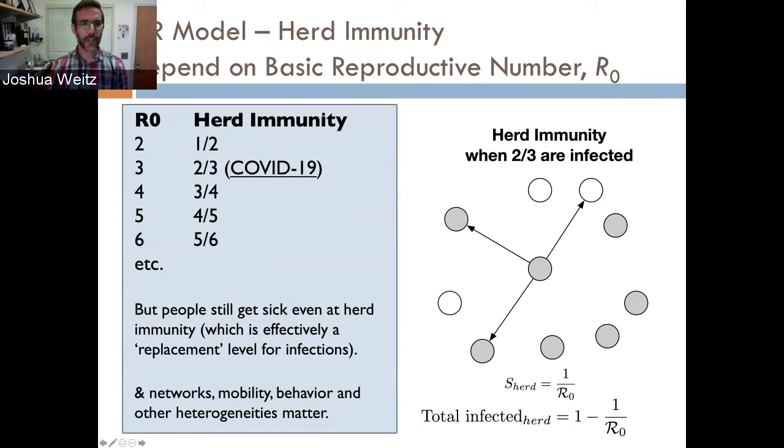Really, this is the level at which, if we were to vaccinate a population, we would hope that we could stop an epidemic from lifting off in the first place. But of course, networks, mobility, behavior, and other heterogeneities matter. So it's important to keep in mind these are guidelines, but these are not exact predictions, which is why there's been a lot of concern early. Maybe this was an overestimate, and then later maybe even an underestimate, keeping in mind these are highly simplified models. They're guiding the kinds of concepts that underlie more detailed models of the coupling of epidemic transmission and behavior.